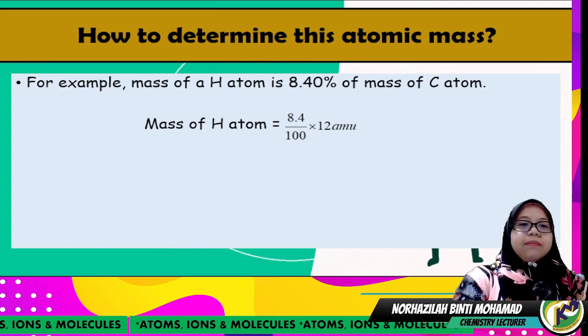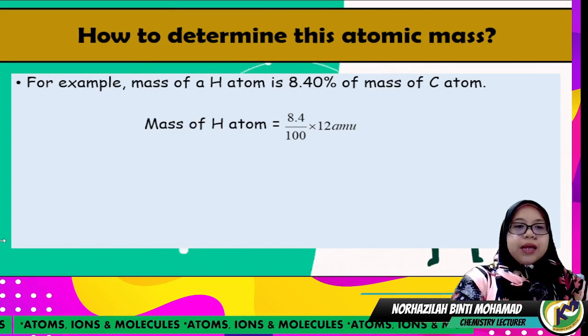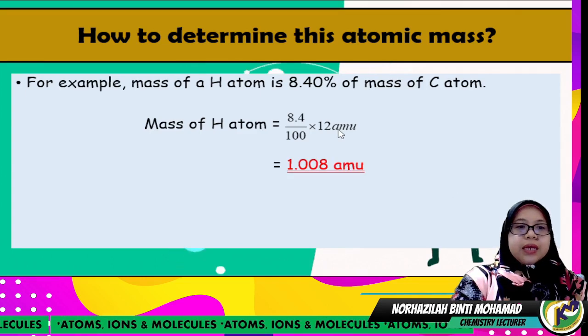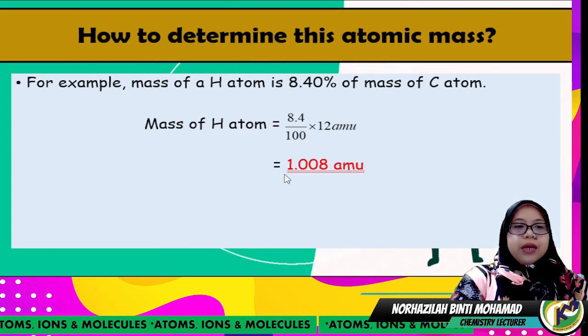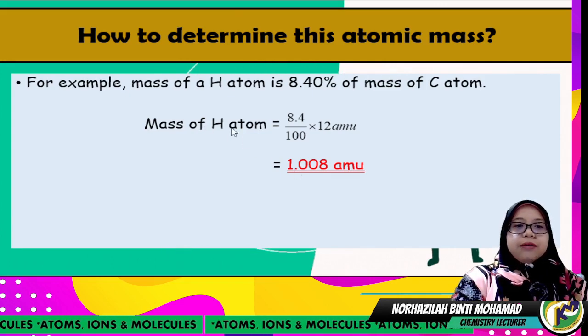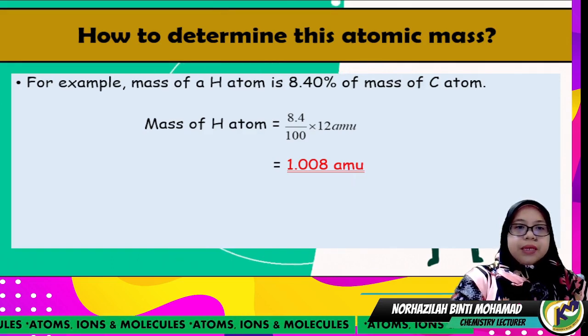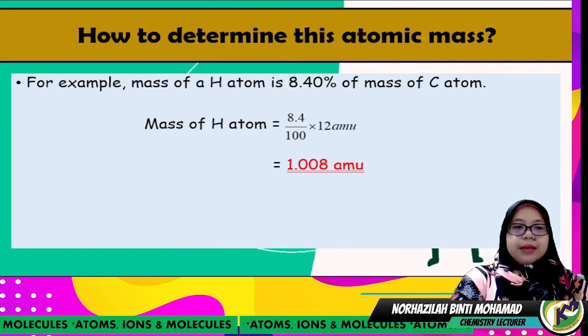We know the mass of carbon here is 12 AMU. So 8.4% of 12 AMU is 1.008 AMU. Now we have calculated the mass of the hydrogen atom as 1.008 AMU. That is how we determine the atomic mass of a certain atom.